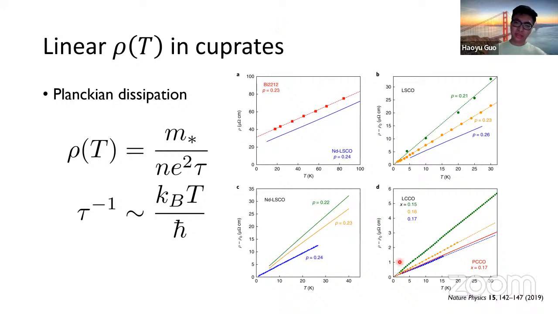This is of course very different from what a Fermi liquid theory will describe, which says the resistivity will rise as a power of T squared. But here it is linear in T, down to the lowest temperatures that people could measure.